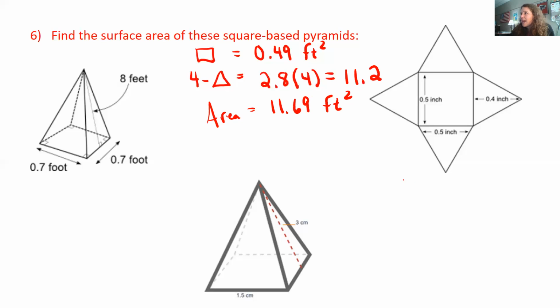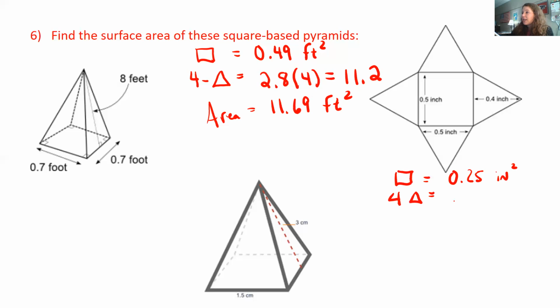All right, over here we have a square, and then we have 4 triangles. So our bottom is 0.5 times 0.5, which is 0.25 inches squared. And then we're going to use this height of 0.4 times the base of 0.5. So 0.4 times 0.5 is 0.20, but then it's a triangle, so we half it.